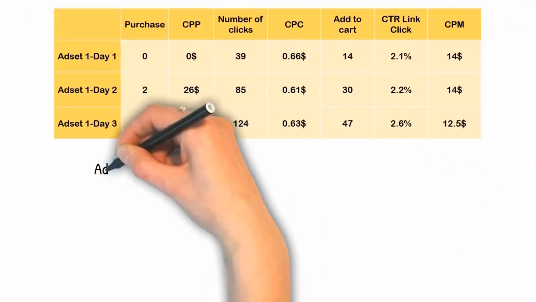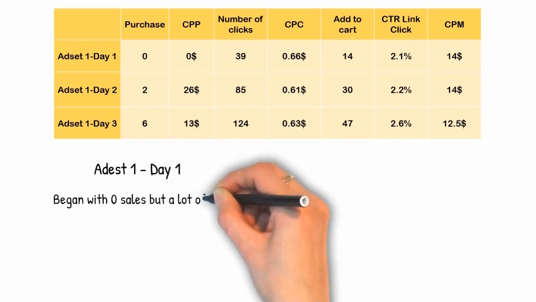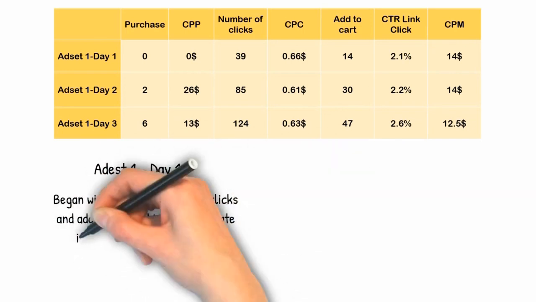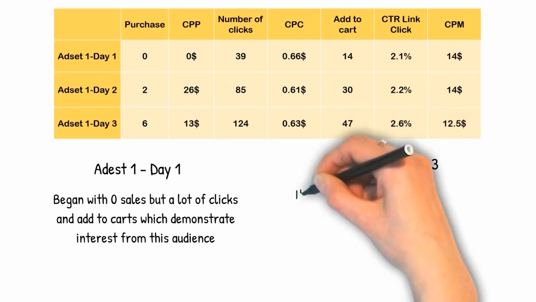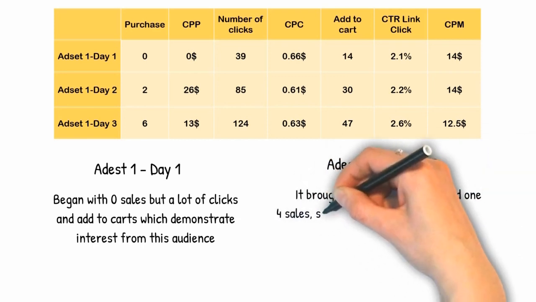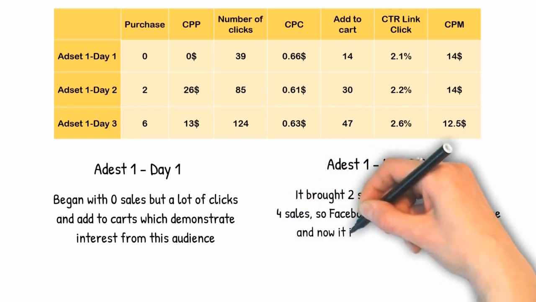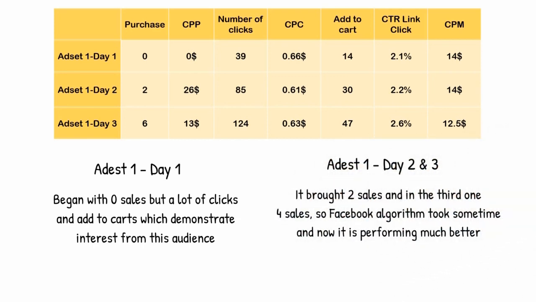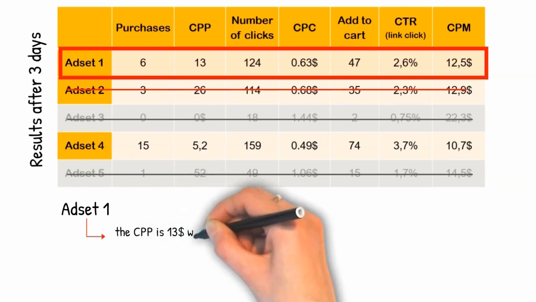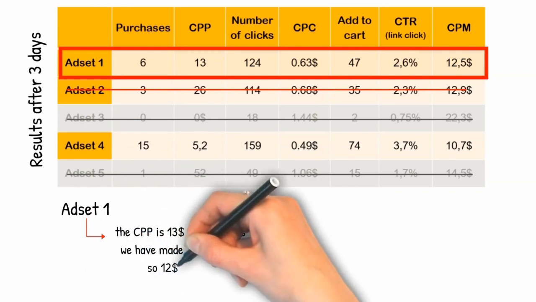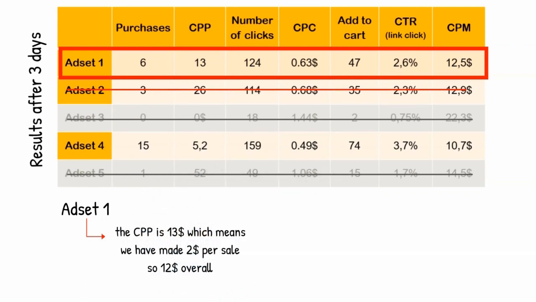Ad set 1 began with 0 sales but a lot of clicks and add to carts, which demonstrate interest from this audience. In the second day, it brought 2 sales, and in the third one, 4 sales. So Facebook algorithm took some time, and now this ad set is performing much better. The CPP is $13, which means we have made $2 per sale.